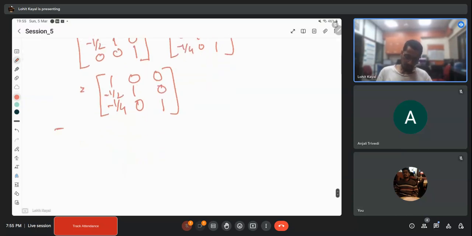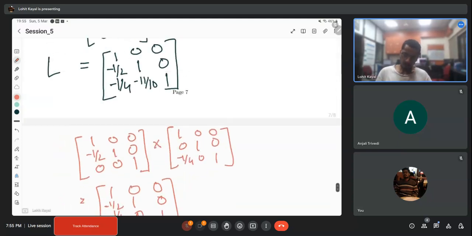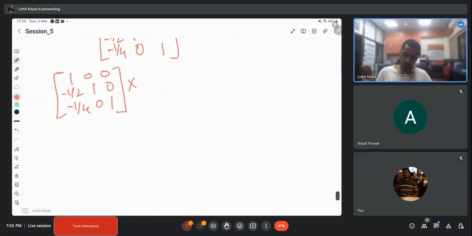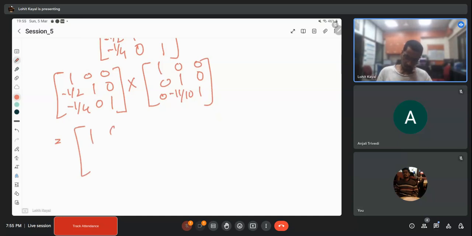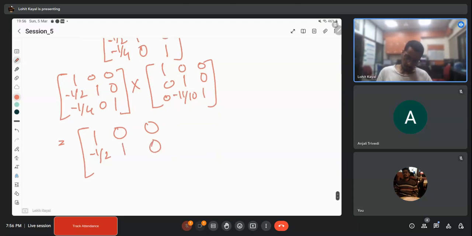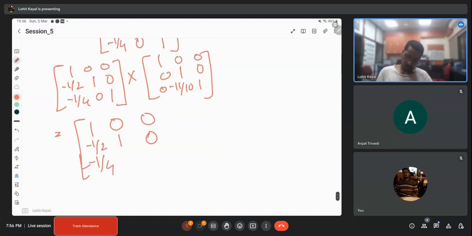Then I need to multiply [1 0 0; minus half 1 0; minus 1/4 0 1] with this matrix [1 0 0; 0 1 0; 0 minus 11/10 1]. Let's do the multiplication. The first row will be 1, 0, 0. The second row is minus half, 1, 0. The third row is minus 1 by 4, minus 11 by 10, and 1.